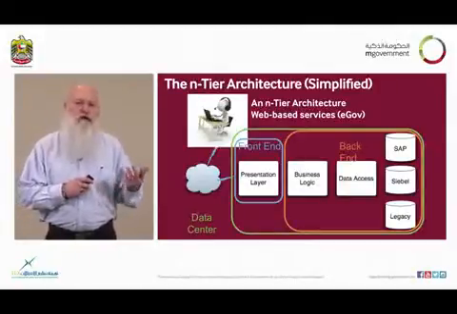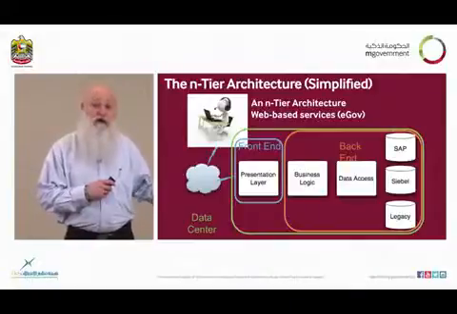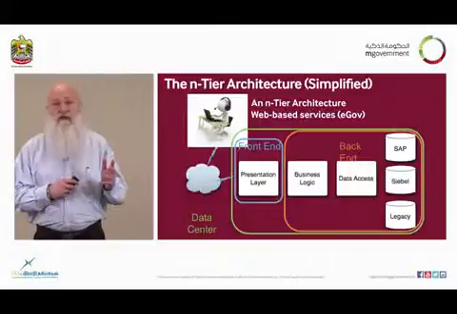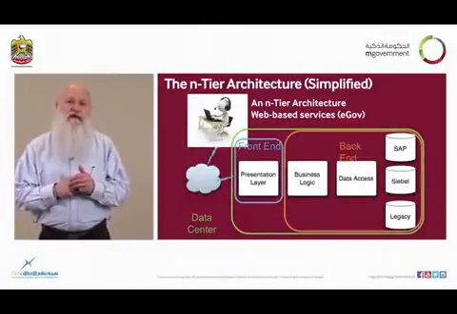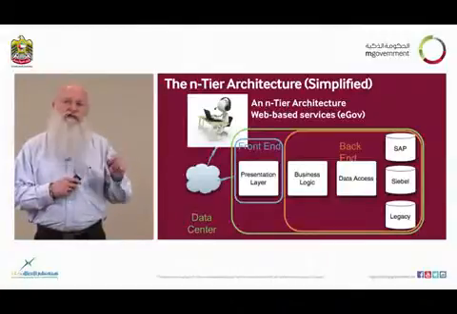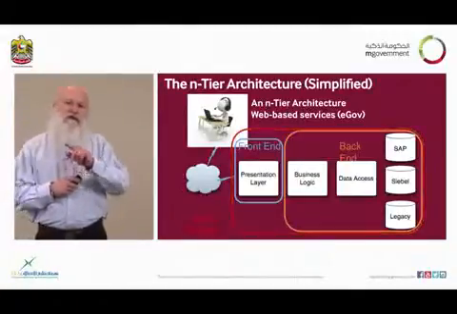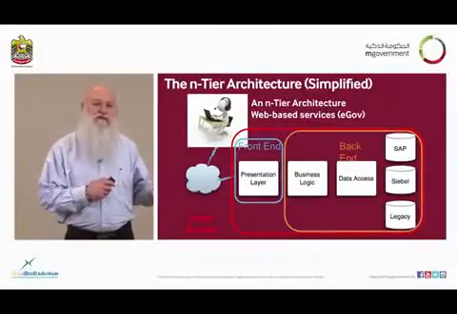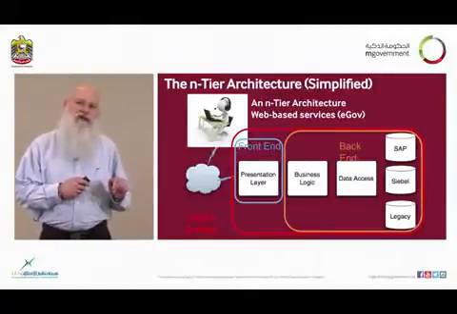The front end will be a web server of some sort, presenting the presentation layer, talking to one or more layers of business logic and application servers before we actually end up at the ultimate back end where the bits are actually stored in some sort of a database. So in this particular representation, the attack surface is represented by the physical boundary of the data center.